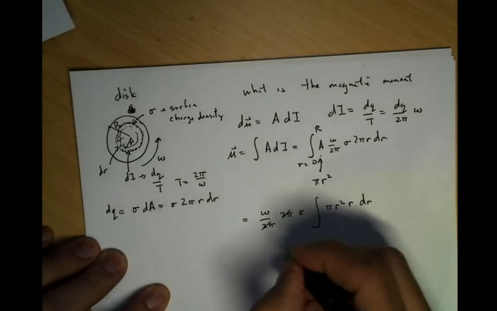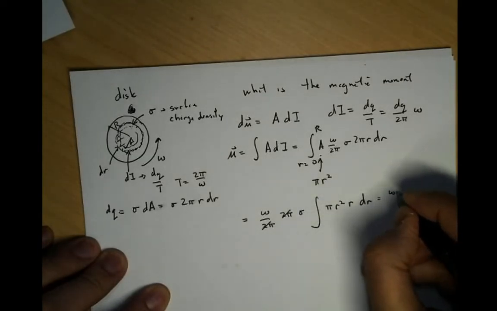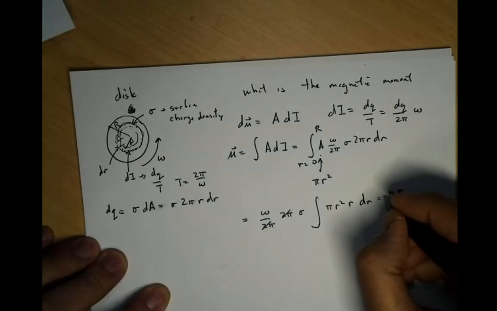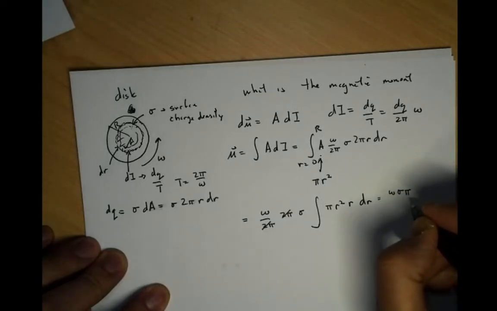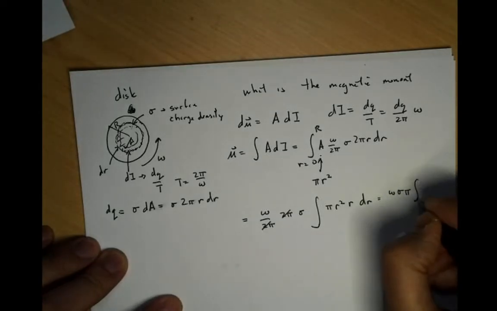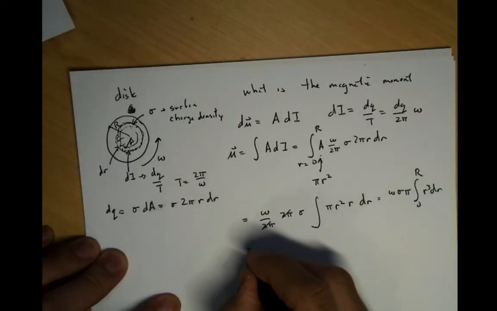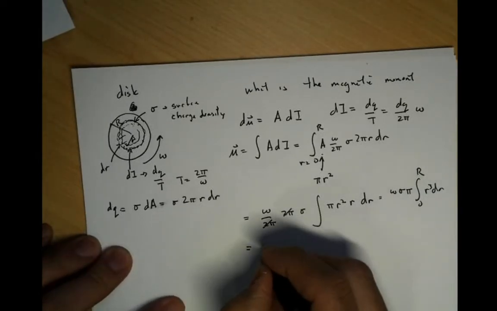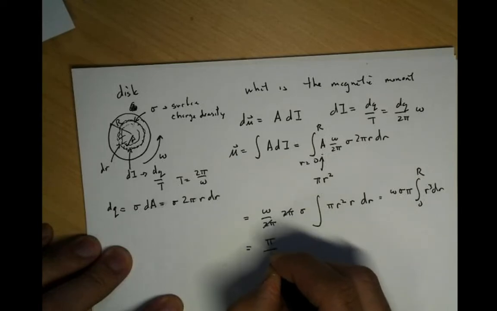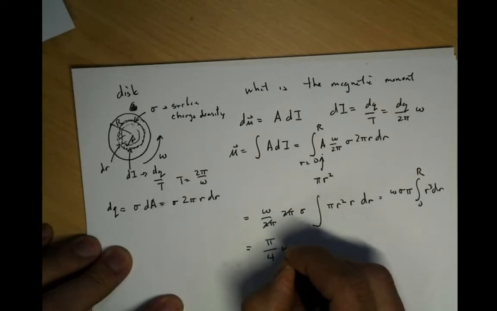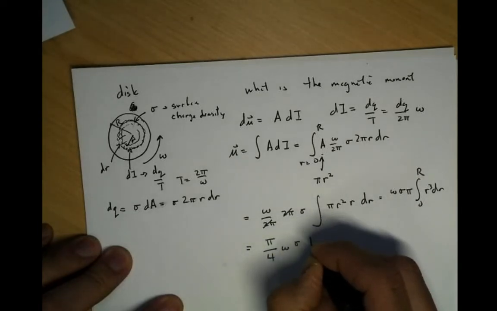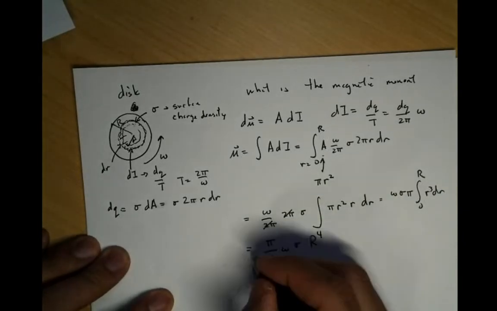This is r cubed, so omega sigma pi times the integral of r cubed dr from 0 to R. You can do this pretty easily. This is essentially going to be pi over 4 omega sigma R to the fourth.